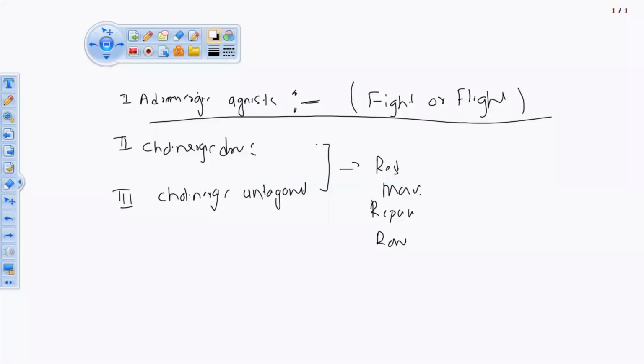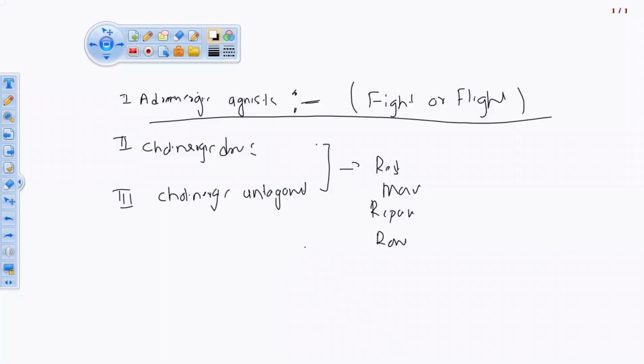Then cholinergic drugs, rest, repair and renewal, can be controlled by the system, the brain and spinal cord. The difference between the autonomic and central nervous system is only this: the autonomic nervous system has a bundle of nerves directly connected to the brain, but the central nervous system contains only two parts, brain and spinal cord.